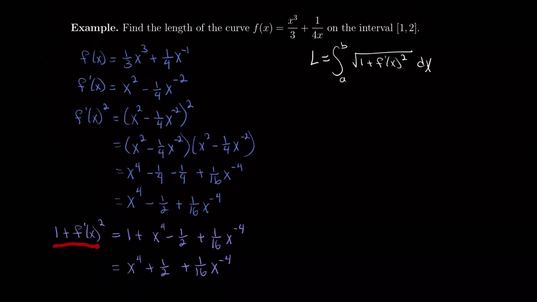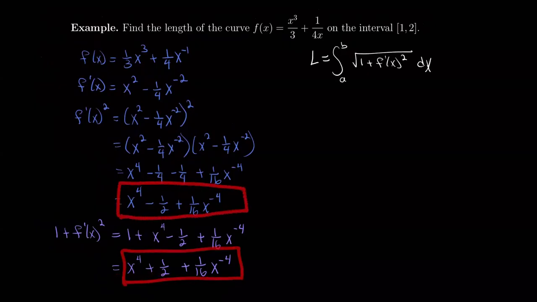What I have so far is 1 plus f prime squared is equal to x to the 4th plus 1/2 plus 1/16 x to the -4. I want to point out how similar this looks to when I had just squared or FOILed the binomial in the step before.